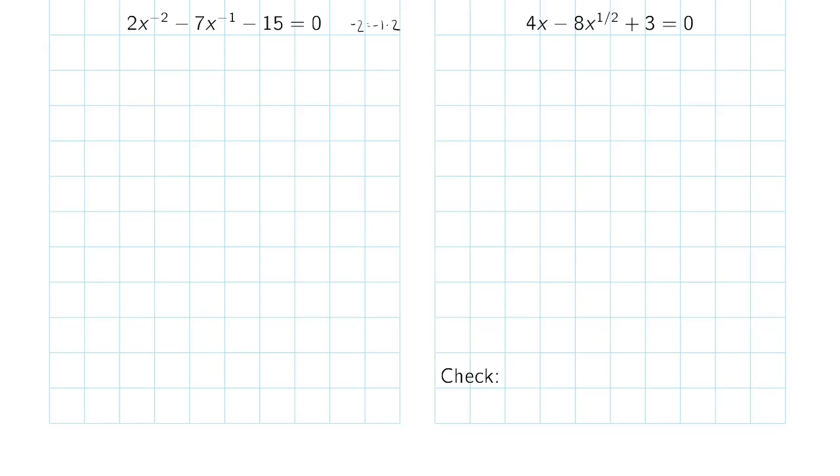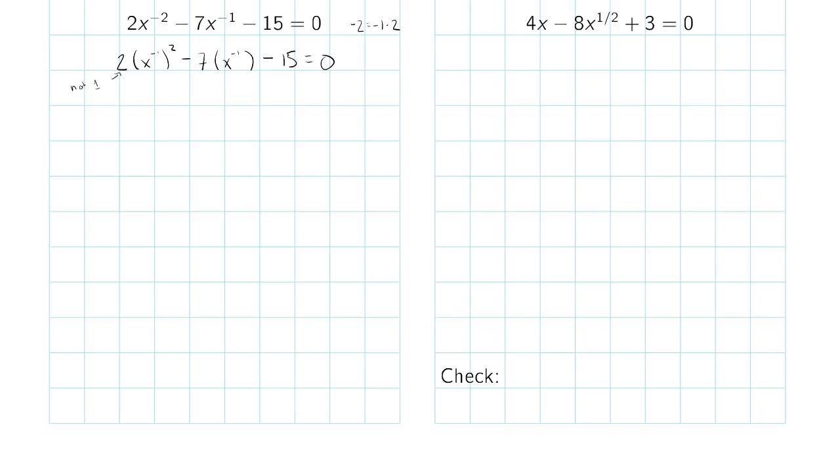So this is 2 times x to the -1 squared minus 7 times x to the -1 minus 15 equals 0.